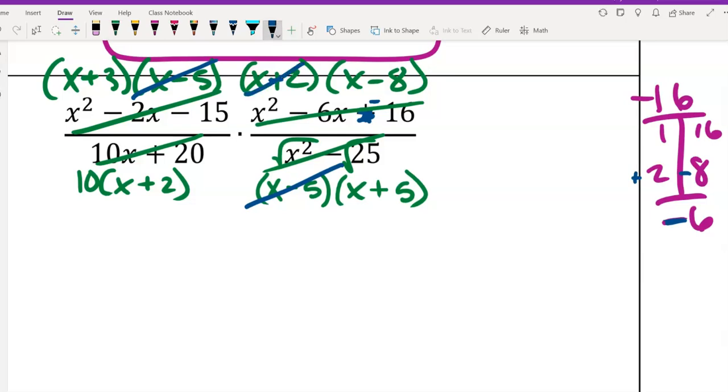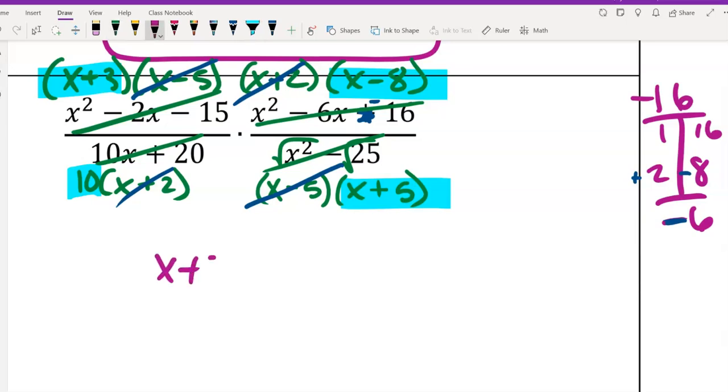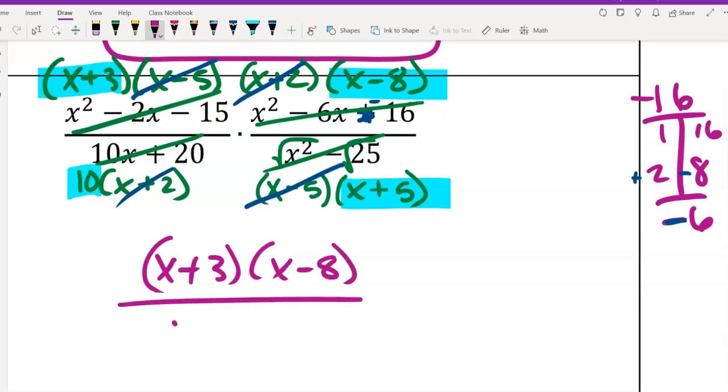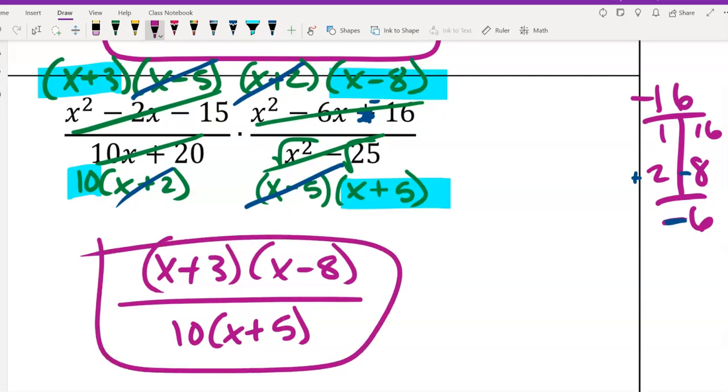And now those two will cancel out. Sorry about that. All right, what are we left with? Combine it together. All right, the final answer.